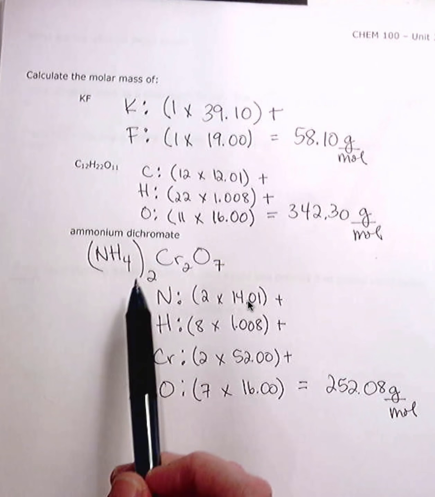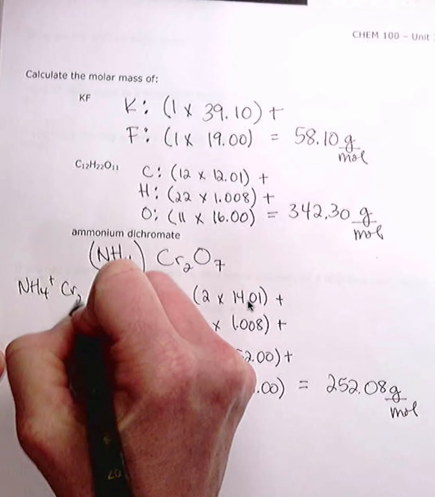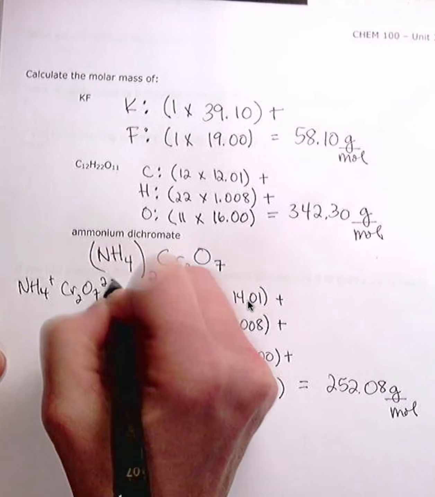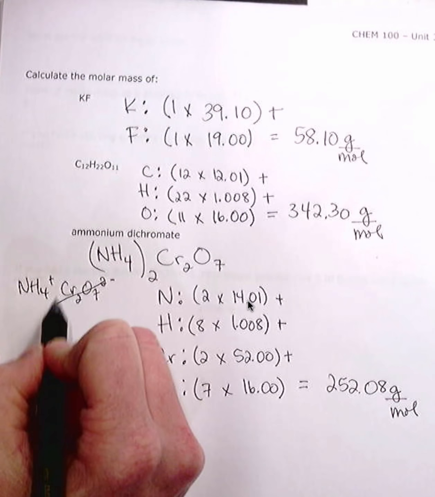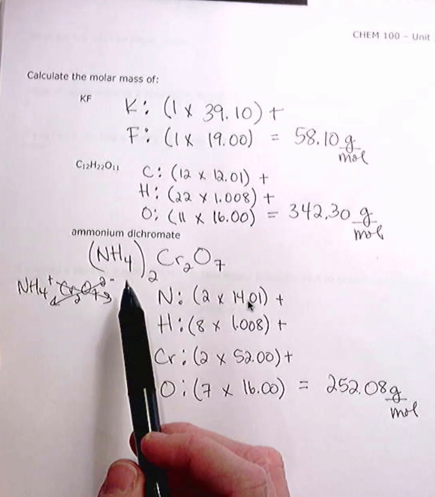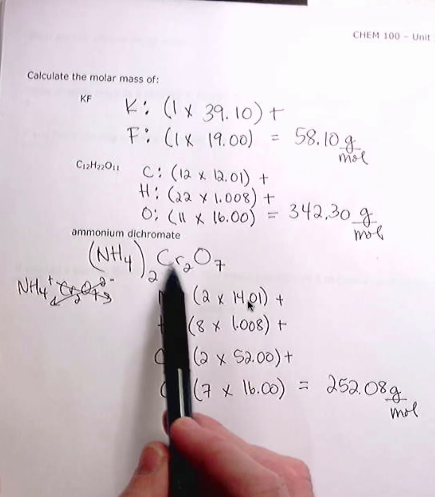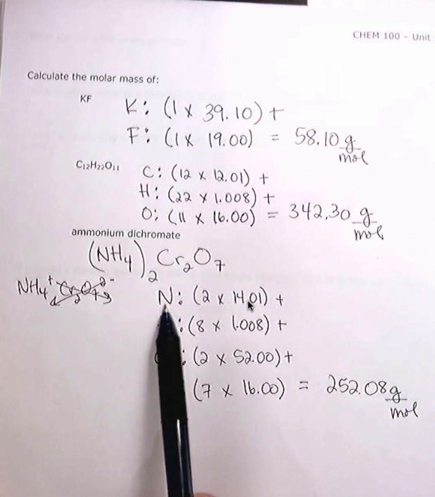Okay, hopefully we got the same answer. So ammonium dichromate, remember that ammonium has a charge of +1, and dichromate is Cr2O7 2-. And you do the cross and drop, and you come up with this formula. I need to use the parentheses with ammonium because they have more than one polyatomic ion. And then I get dichromate here, just 1. So then I'm going to tally up everything.